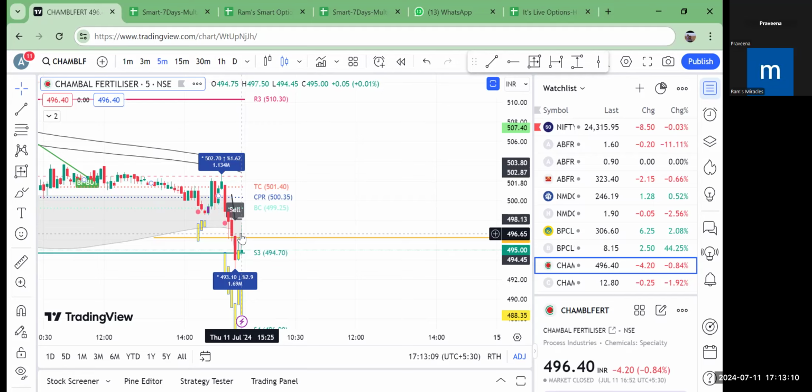Even though price may fluctuate here because we are in the 5 minute time frame, just now a low pivot at 493 is created. So our stop loss will be 492.90, because our entry is 496.65.